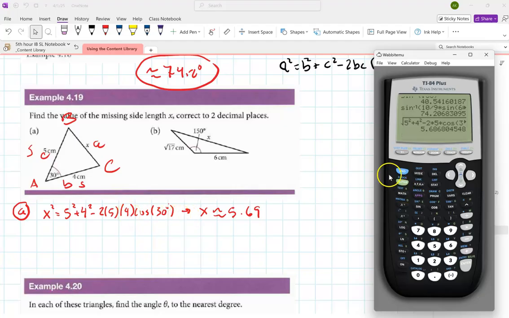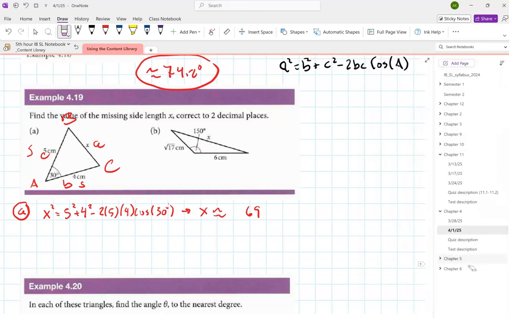I forgot the 4. I was going to say, I found that hard to believe that that side was going to be bigger than the 5. Okay, try that one more time. 2.52, that makes more sense.